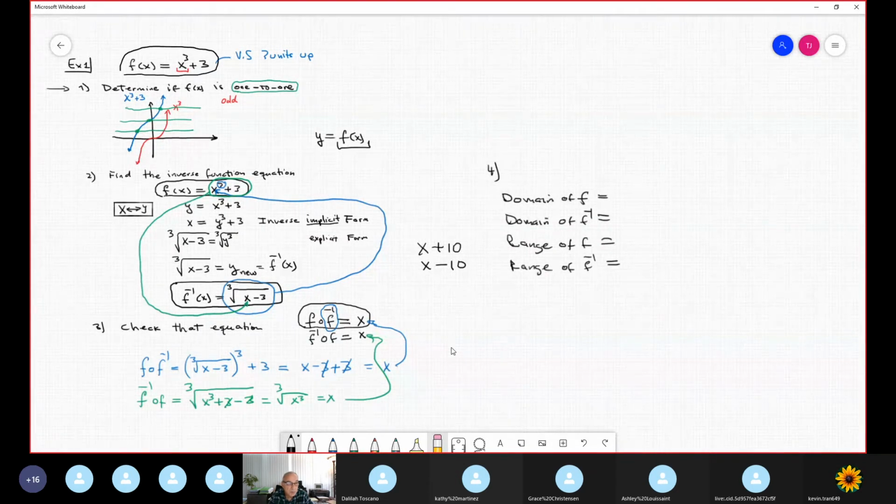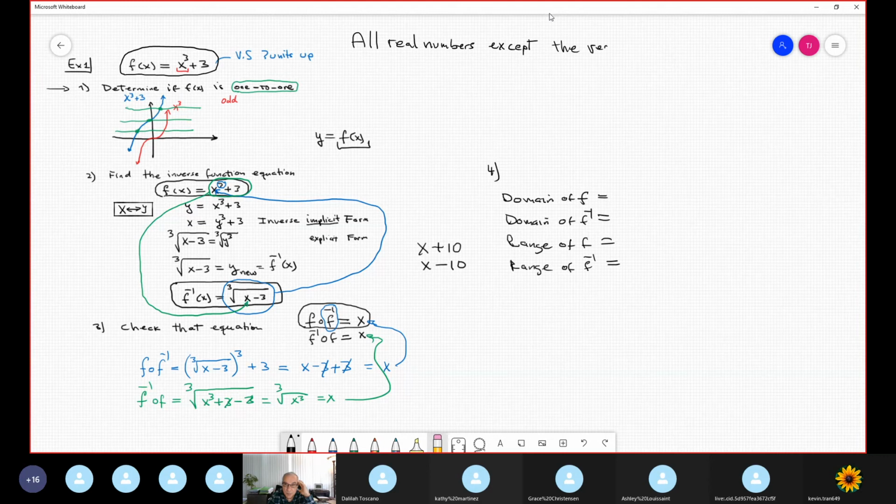Remember, in Euclid algebra, when I ask you to find the domain, the supposition is the domain is all real numbers except the restrictions. And restrictions we have only when you have division, you know, the bottom part must not be 0, illegal. Number 1 restriction.